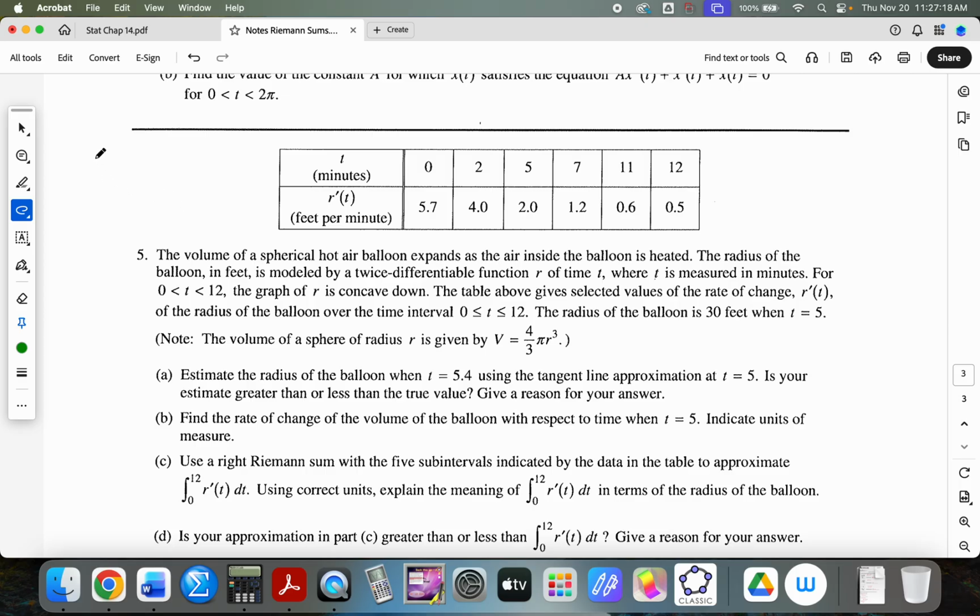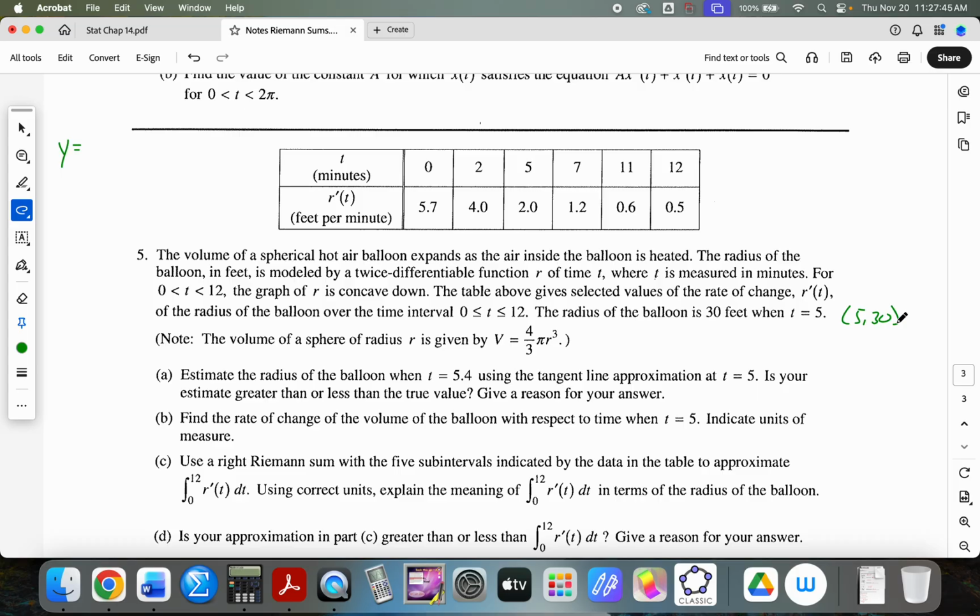All right. So to write the tangent line approximation, I'm going to do y is equal to, and we're trying to estimate the radius. Well, the radius of the balloon is 30 when t is equal to 5. That means it's going through the point (5, 30).